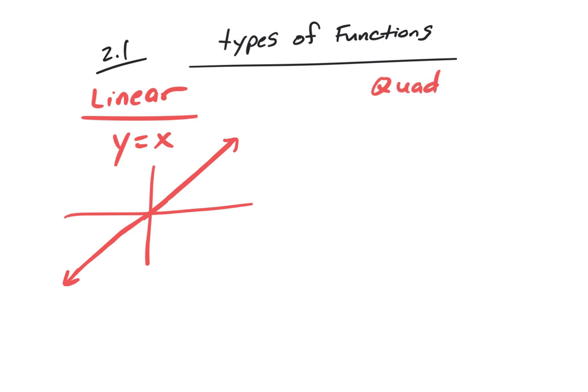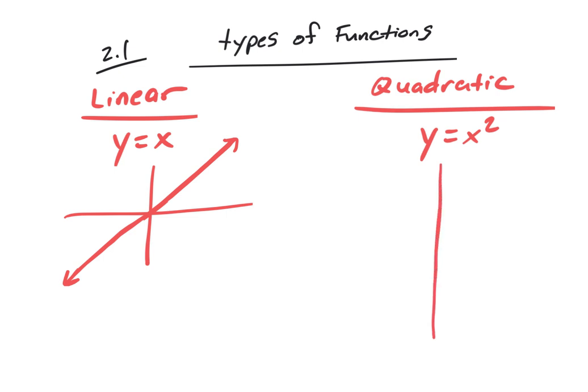Okay, the other one we saw a lot of in chapter 1 was quadratic. These are the two that we've probably seen the most, especially this year, but even in years past. The generic form for a quadratic equation always has an exponent of 2: y equals x squared.